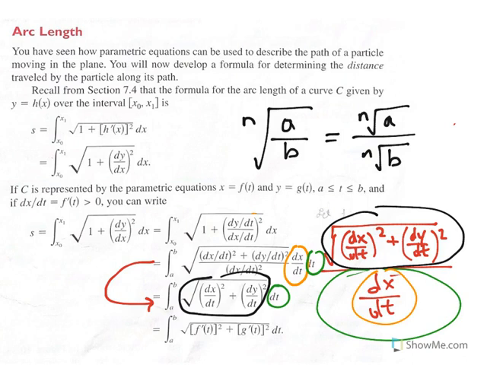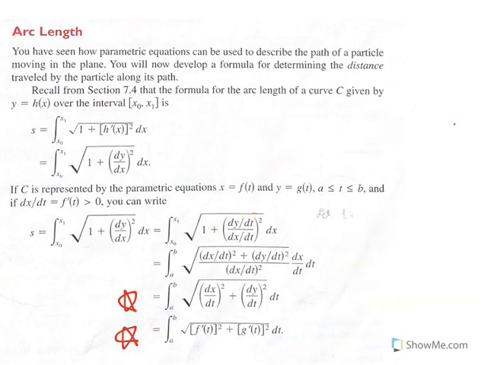And this is, in fact, our integration formula to find arc length when you have an arc described by a set of parametric equations. What you can do is either write it in this form here, or you can write it in this form here. They are the same because this is saying dx/dt squared.